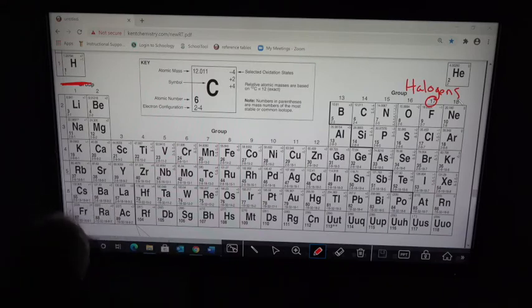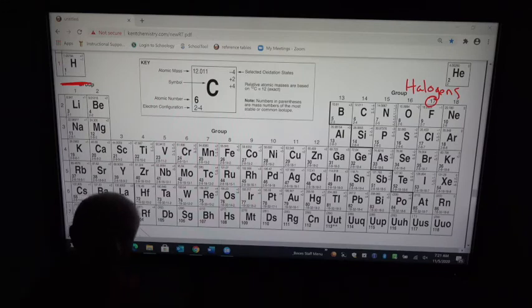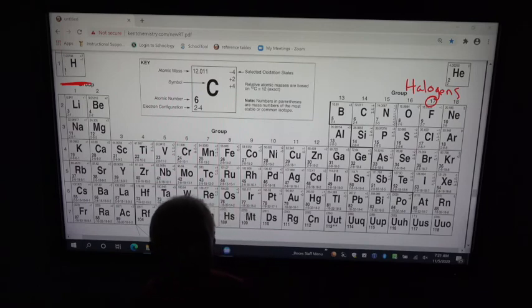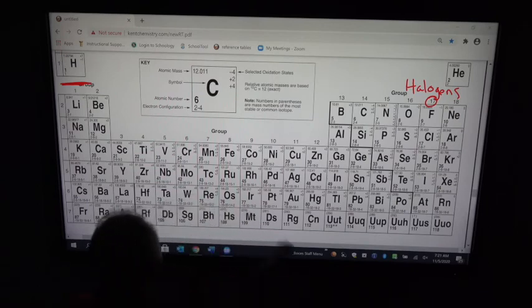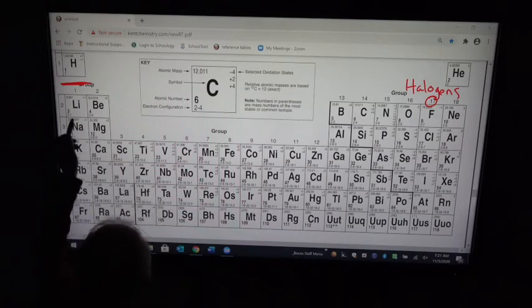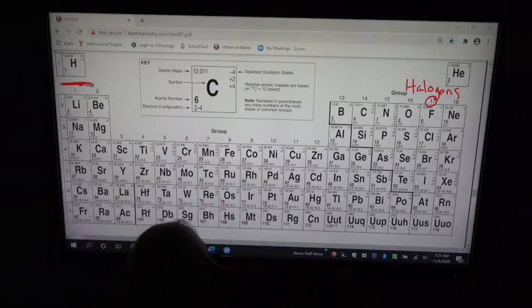In fact, if you put group 1 in water, it changes the shape of the metal. So group 1, 2, and 17 are never found in nature by themselves. Well, then how do we get them alone? We find them in compounds, and we chemically break them apart. Not physically, we chemically break them apart so we can get the group 1, group 2, and group 17 elements by themselves. All right.